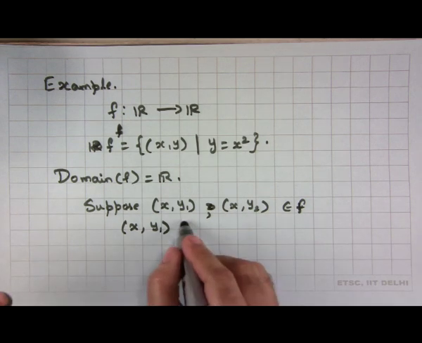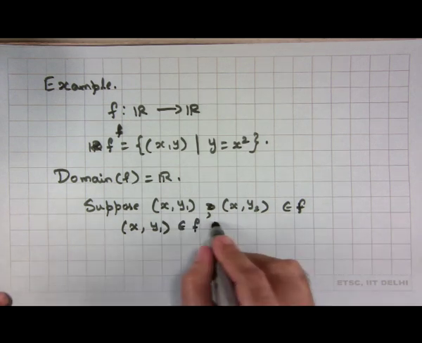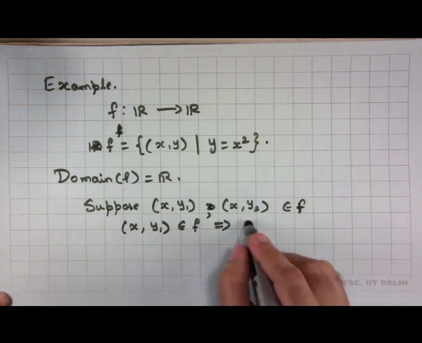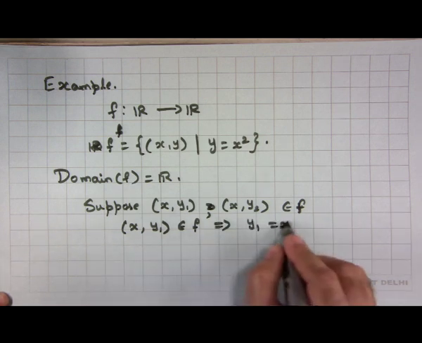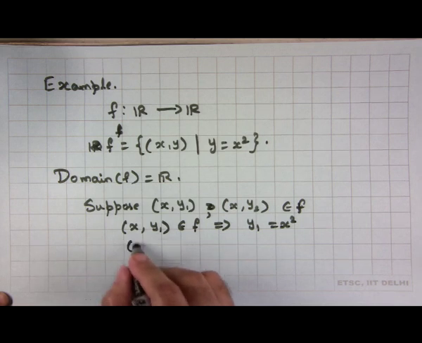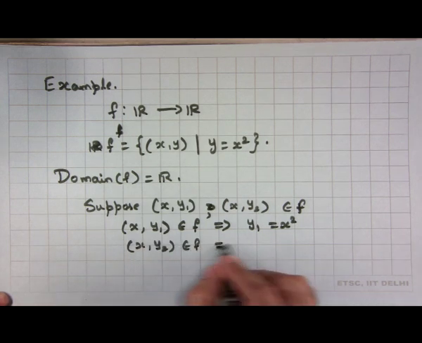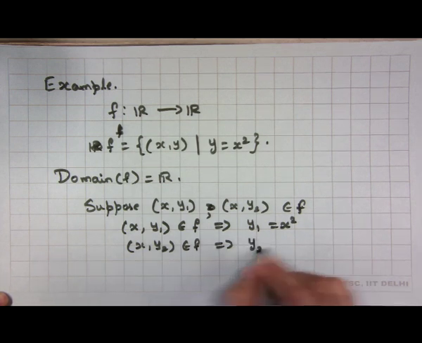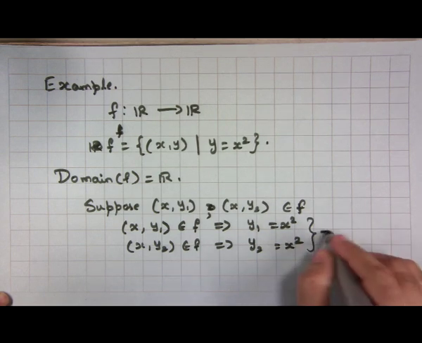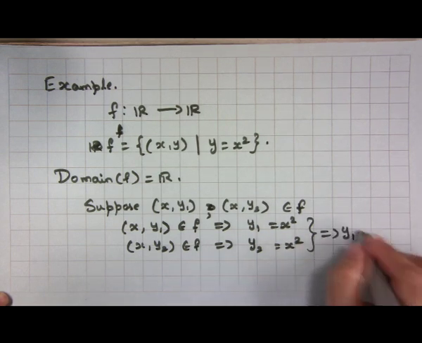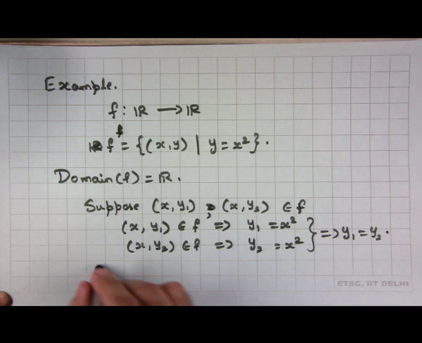Now, (x, y1) belongs to f, that implies y1 is of the form x square. Similarly, (x, y2) belongs to f, that implies y2 is again of the form x square. So, these two together imply that y1 equals y2. Therefore, f is a function.